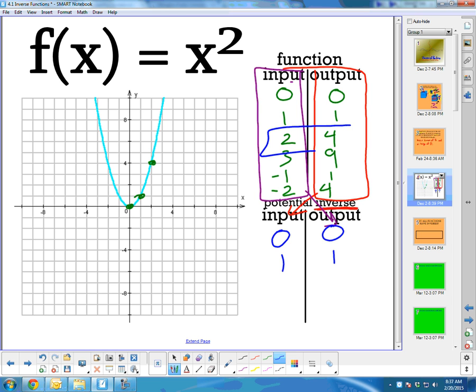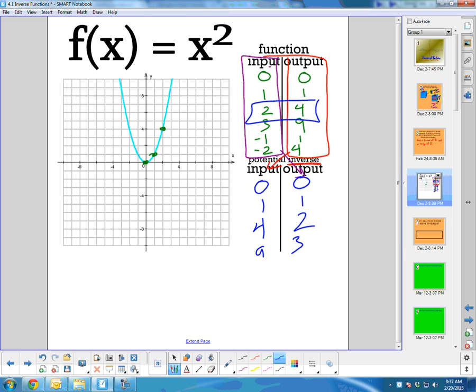But when I get to the point 2, 4, if I put 2 into the original function and I get out a 4, that means the 4 would be the input into the inverse, and the 2 would be the output. And the same with 9, 3, but also the same with the negatives. I'd have 1, negative 1, 4, negative 2, and 9, negative 3.